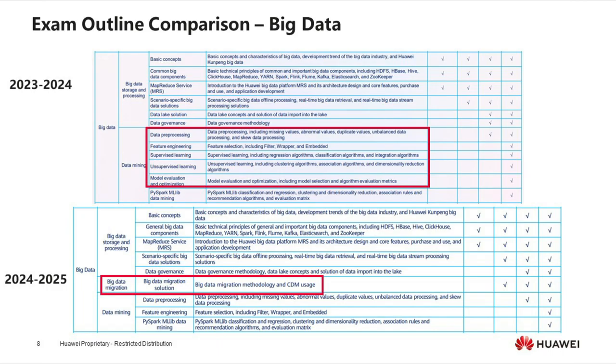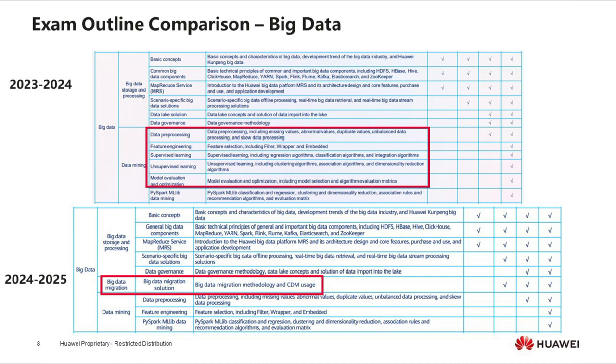Actually, the part of data mining, especially the feature engineering, supervised learning, and unsupervised learning, this part has been removed from big data direction. Well, some of you may ask, does it mean that I don't need to learn about supervised learning or unsupervised learning?